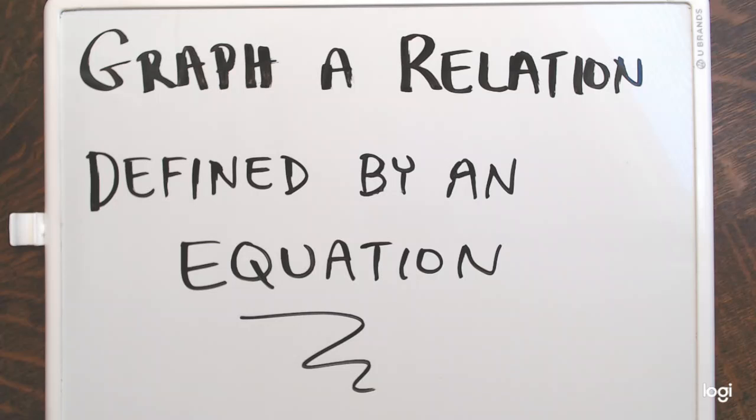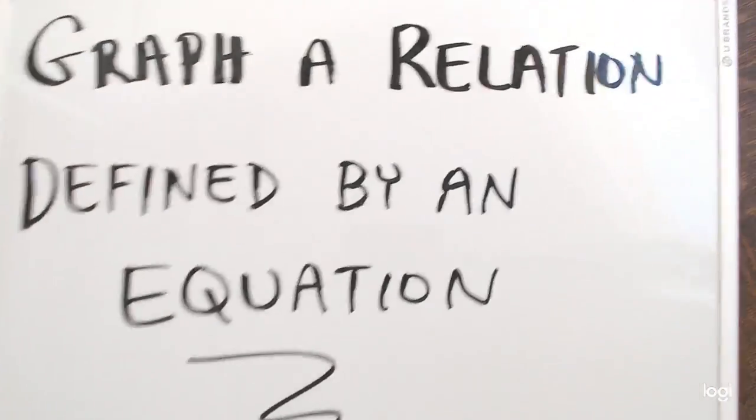And we've seen those relations represented by a set of ordered pairs, a mapping or an arrow diagram, where you have a box for each set and then arrows drawn from elements of one set to elements of the other set if there is a relationship between them, and also as a graph. So here we're seeing our fourth major representation of a relation, and that is as an equation. Alright, so let me begin.